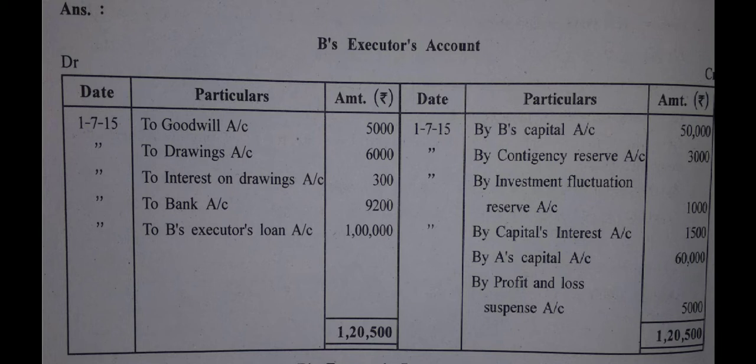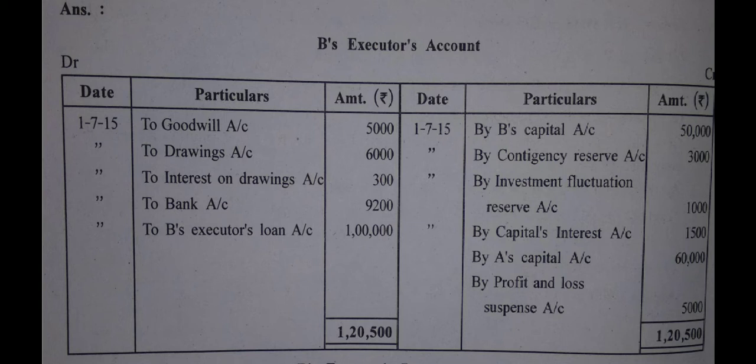Fine, the total of the credit side of executor's account is higher, which is 1,20,500. Please pay attention and use your calculator along with me. This is 1,20,500 minus, shift to debit side, use your calculator, minus 5,000 minus 6,000 minus 300 minus 9,200 that we have not written yet.